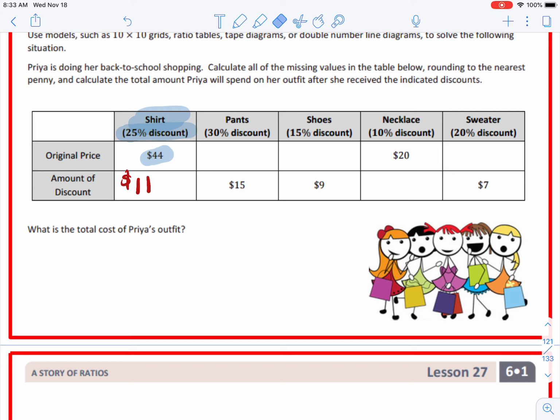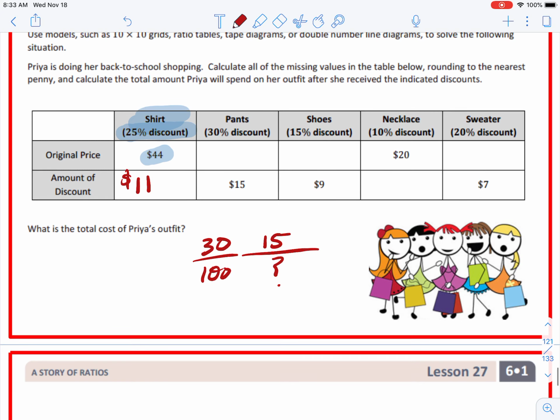Now let's look at the pants. They're giving us the discount and the amount that discount is, but we don't know the original price. So I have 30 over 100, which gives us 30%. That 30 comes out to $15, and we're trying to figure out the original cost. Well, what am I doing to 30 to get 15? I'm dividing by 2. So I'm going to divide 100 by 2, which gives me 50. So 50 is the original price. Okay, we're going to do the same thing for the shoes.